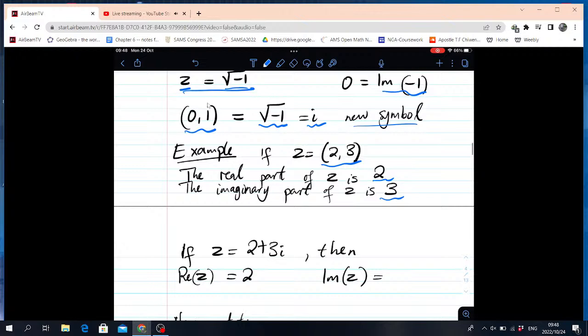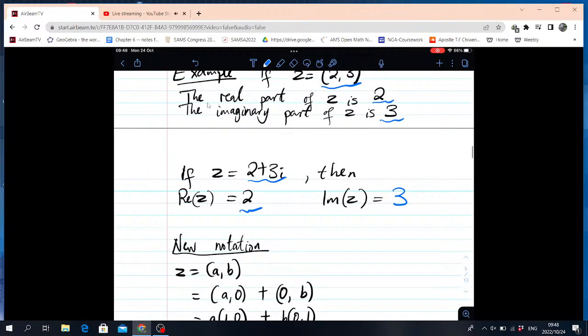Now let's look at the counterpart of this new notation we want to propose. So if z is equal to 2 plus 3i, then its real part is going to be 2, and the imaginary part of z is going to be equal to 3.